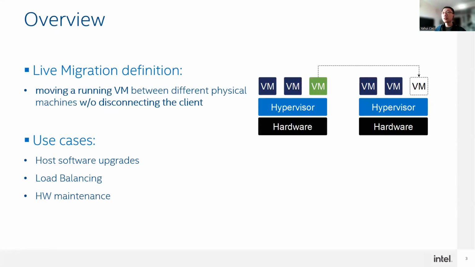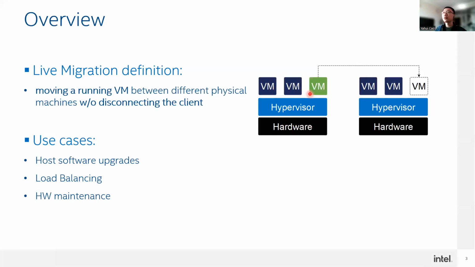So first, let's take a brief look at what live migration is. This is the definition from Wiki: moving a running machine, a VM, between different physical machines without disconnecting the client. Let's take this picture as an example. This is a running VM on the left host.